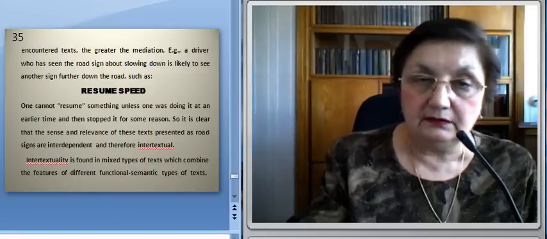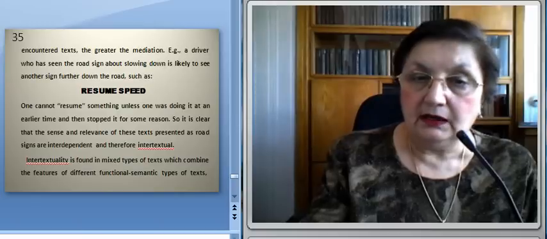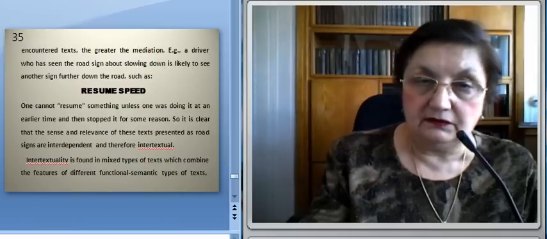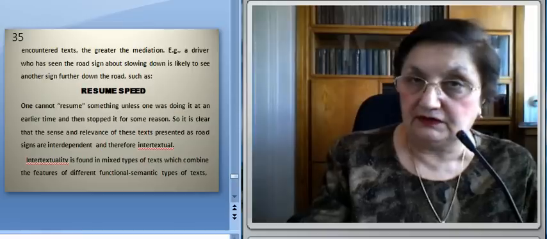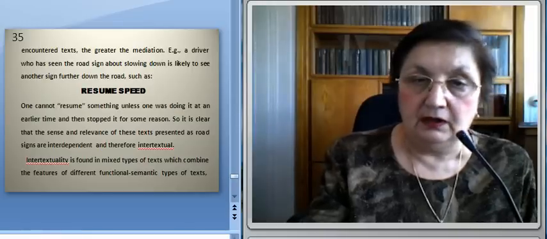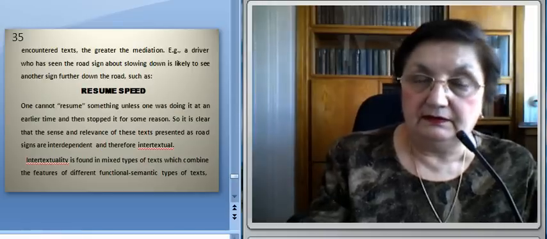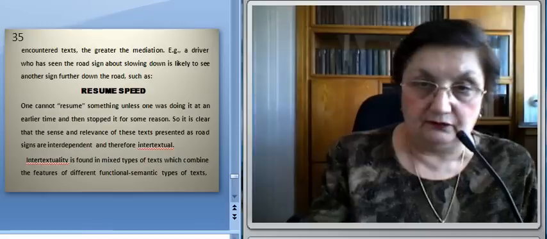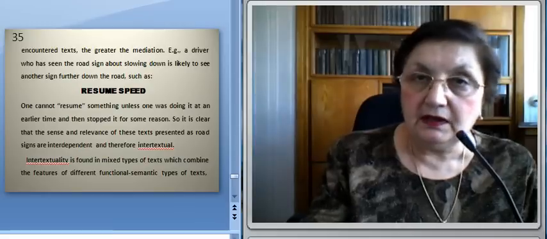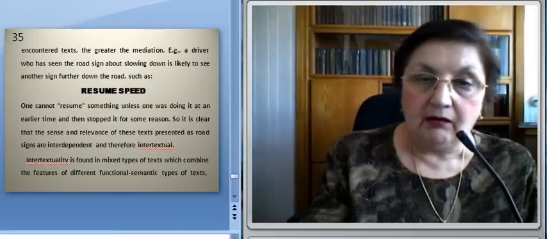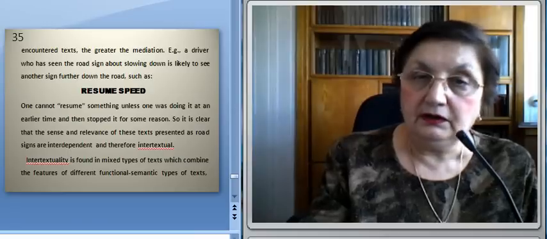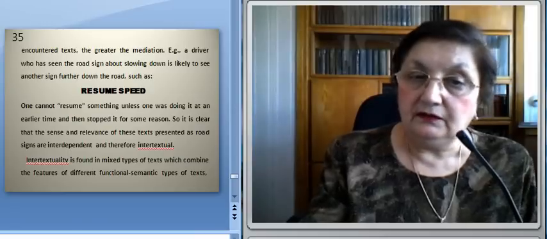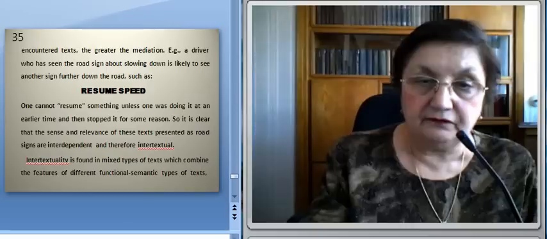Intertextuality is found in mixed types of texts which combine the features of different functional semantic types of text, such as descriptive, narrative, and argumentative texts. And finally, the main issue in intertextuality is text allusion, the ways people use or refer to well-known texts.